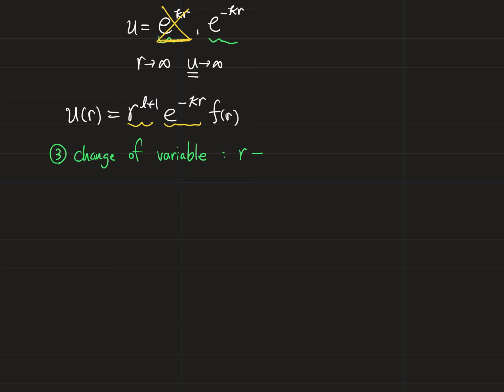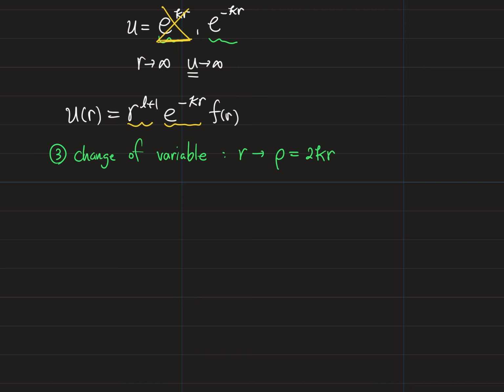So now we want to play with rho instead of r. Rho is defined as 2 kappa r. So when we change the function or when we change the variables, it's all about making the problems simpler and easier to solve. Okay?